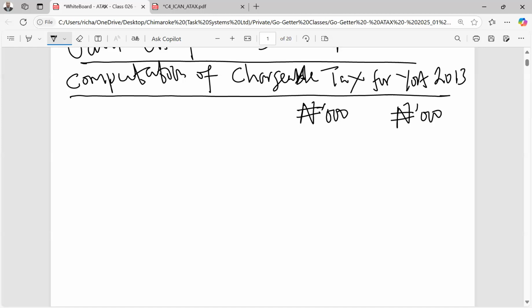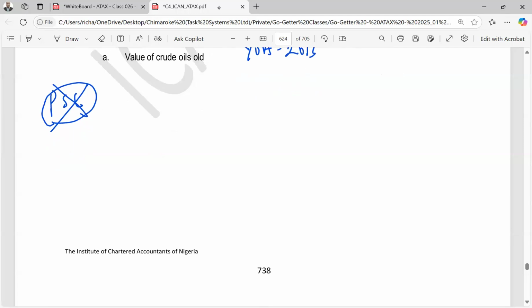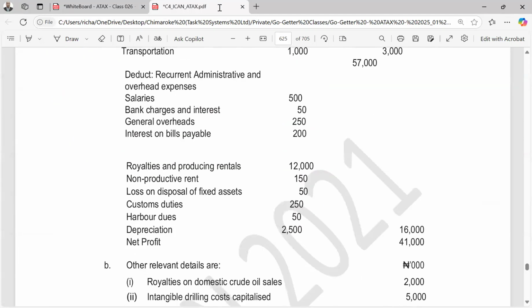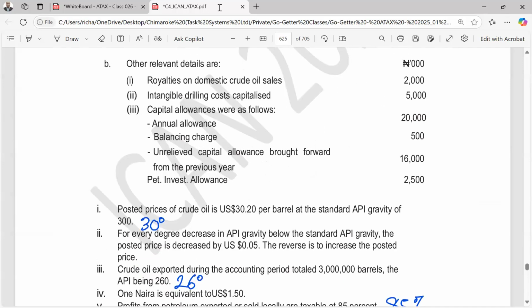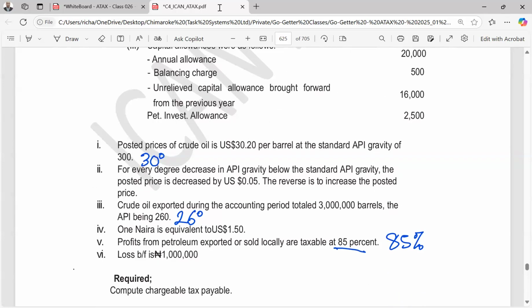So this is the revenue. How do we get the revenue? Export sales. We are going to do a calculation on export sales here. First of all, we are going to look at how many barrels.